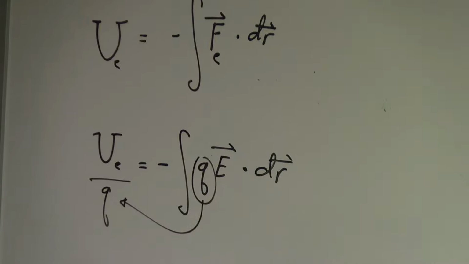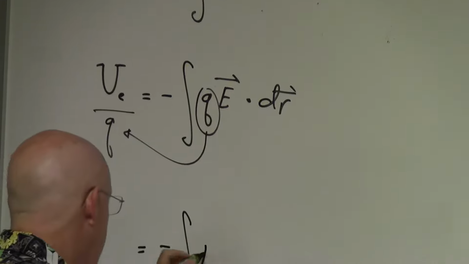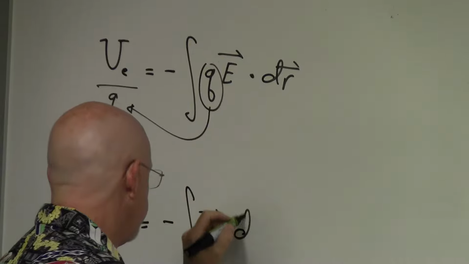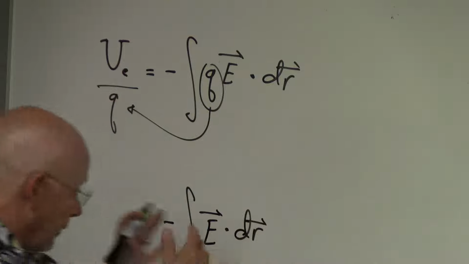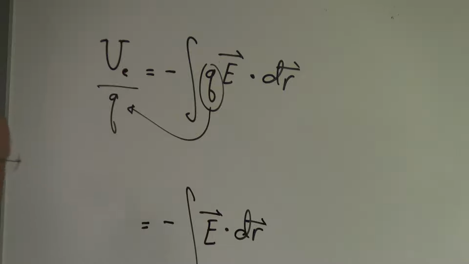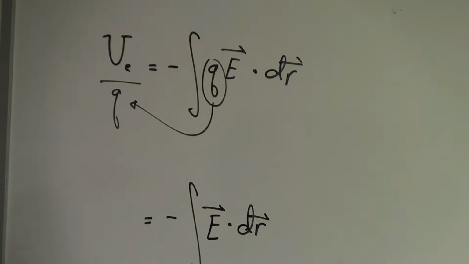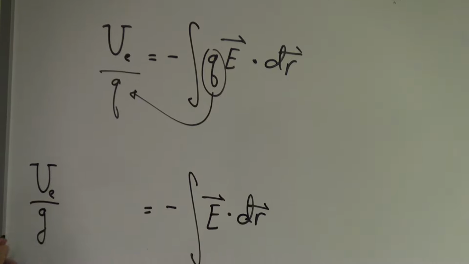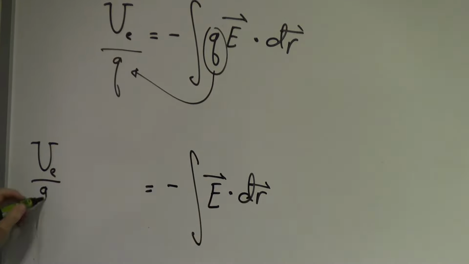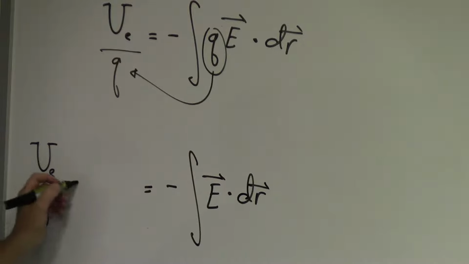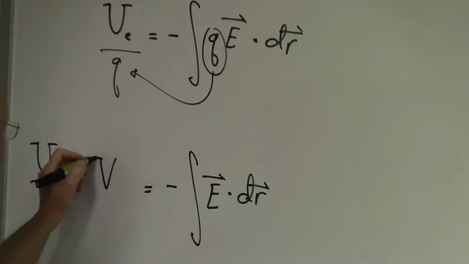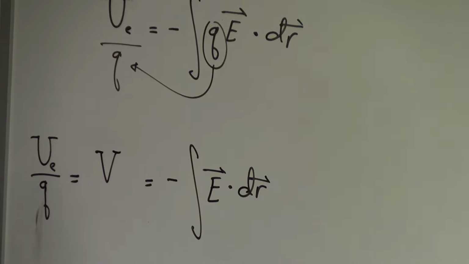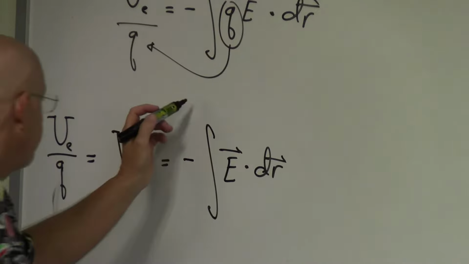Over here on the right-hand side, I have an integration of the electric field over some line, some distance. And this right here, the energy per charge, is what we call the potential, the electric potential.